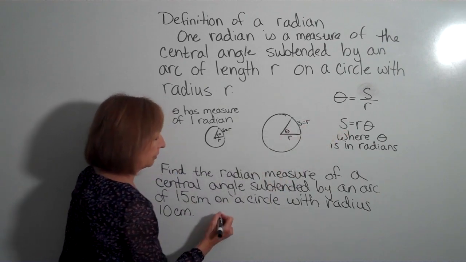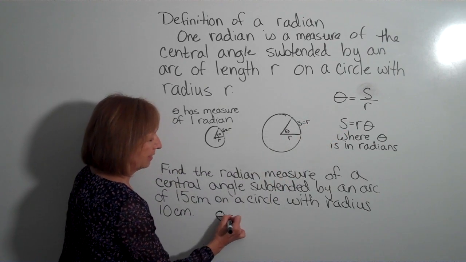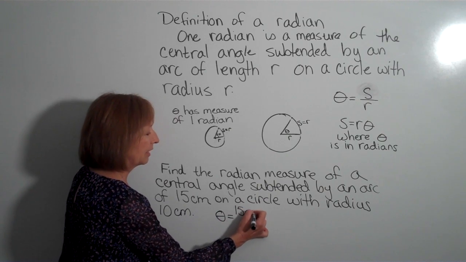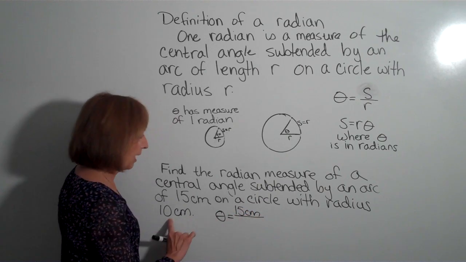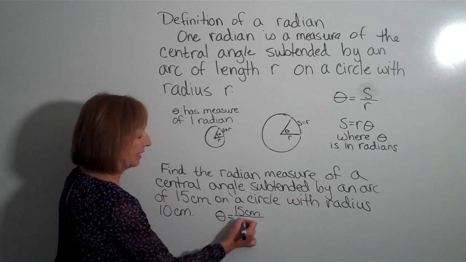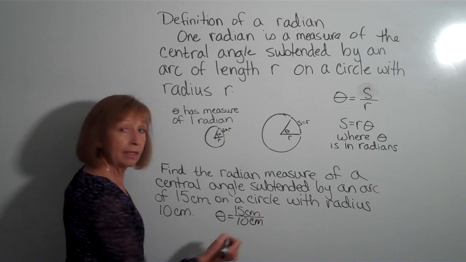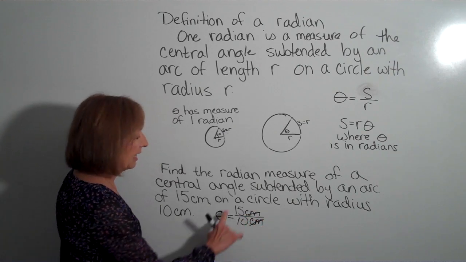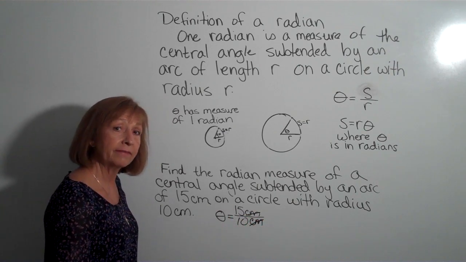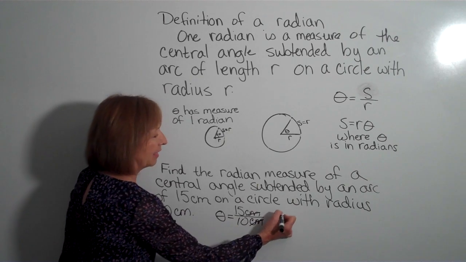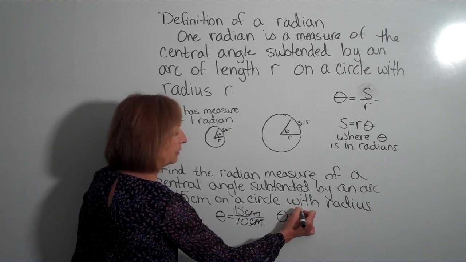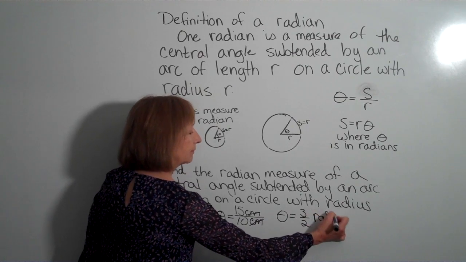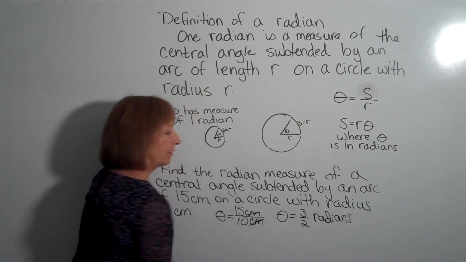So looking for our central angle theta, we're going to take our arc length of 15 centimeters and divide it by our radius length of 10 centimeters. The units match, so they remove as common factors. And I also have a common factor of 5 top and bottom, so I'll get that theta is equal to 3/2 radians for that.